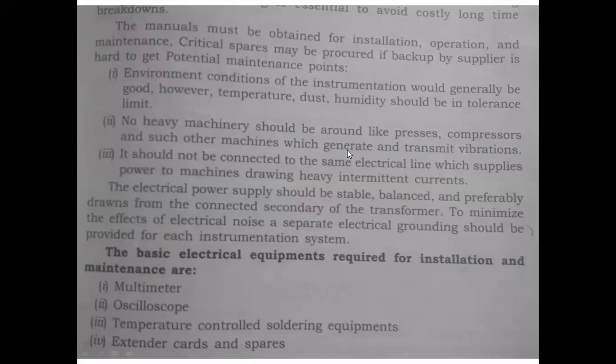So we should not place those heavy machines near our operating equipments. They should be placed at some far away distance, and from there we can connect the pipelines for the supply of air.